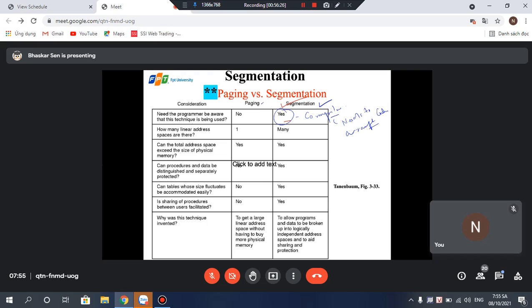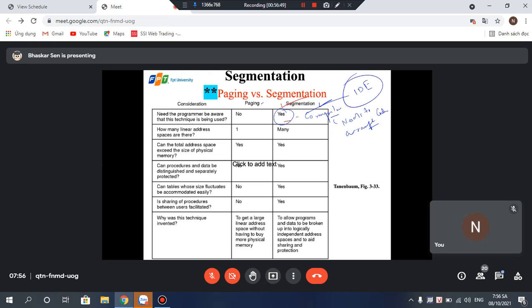Whereas in paging, no. And this definitely can give you a lot of headache. That's an extra responsibility for a programmer. So to help you with that, we have the IDE. So you don't have to worry about formatting. The IDE will do it.